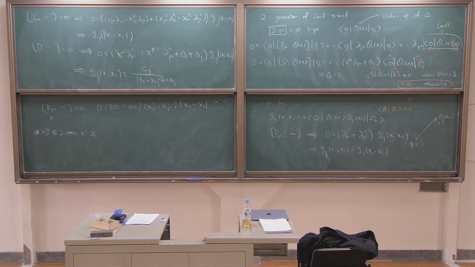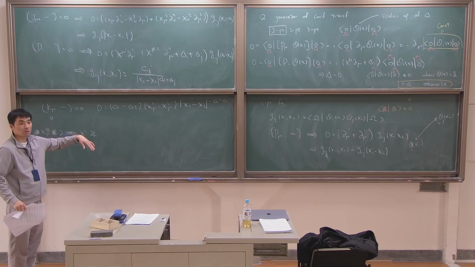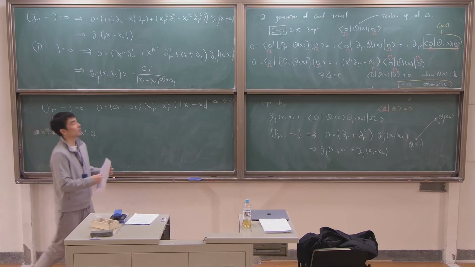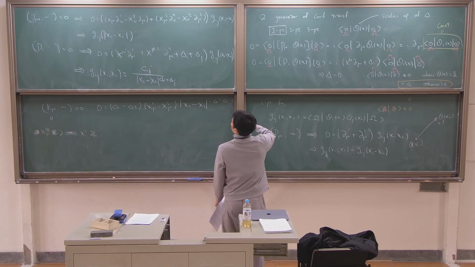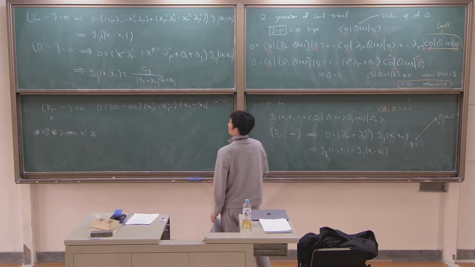So if you act on this one, the derivative acting here gives you 0, because then P_mu annihilates this one.